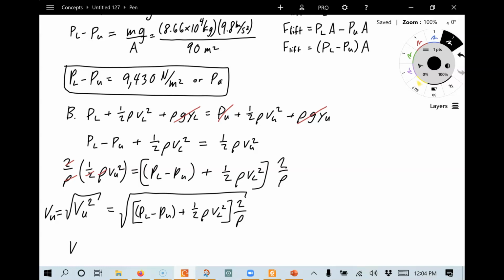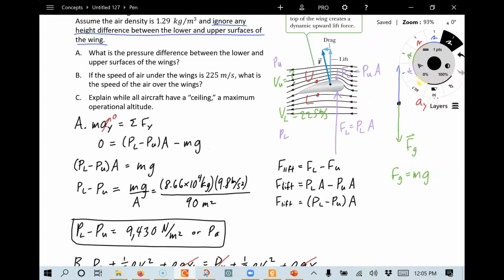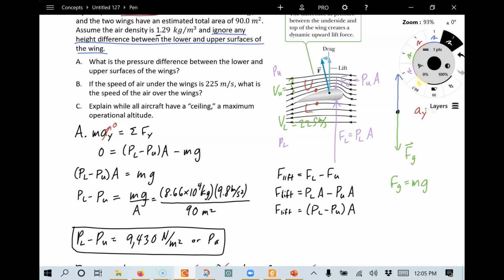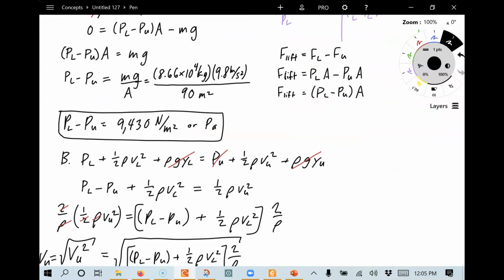All right, so putting in the values, VU is equal to the square root of, first we're going to put in PL minus PU, which is this number, 9,430 newtons per meter squared, plus 1/2. Got to look up the density of air, which is the fluid here, 1.29 kilograms per meter cubed.